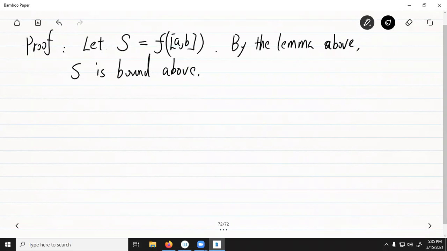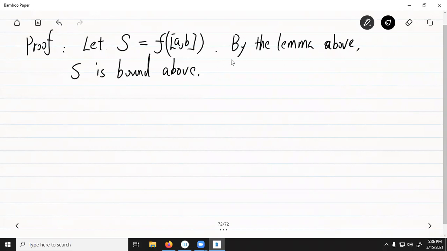This is one thing. And this supremum must be inside S. If the supremum of S is inside S, then that means the supremum must be the maximum value, right? So this is the idea.